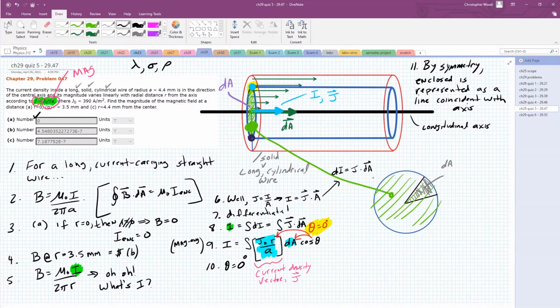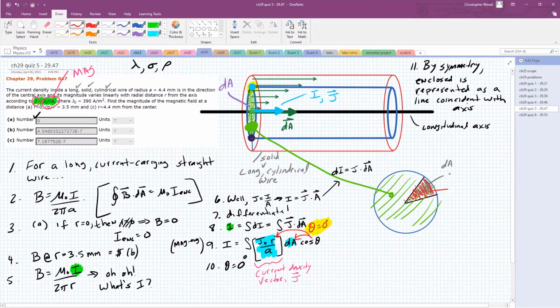I'll kind of fast track this because I've done this before multiple times. Well, here's an arc length. So all I have to do is take that arc length and add up all of these arc lengths. And if I stack up all of these arc lengths, I'm going to get that surface area.